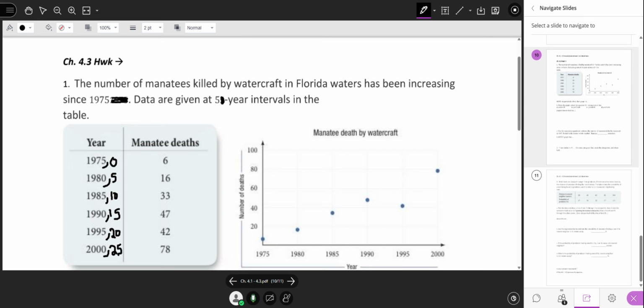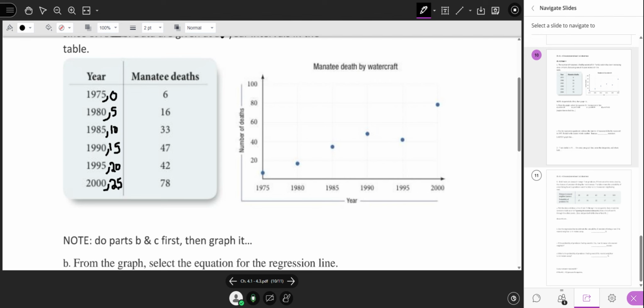Okay? But when we first started doing this, it said 1975, etc.